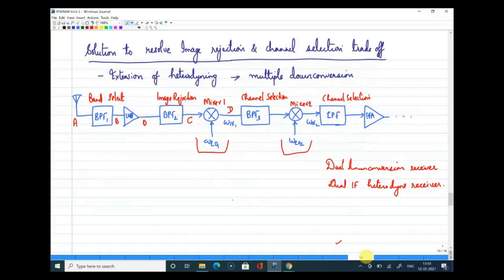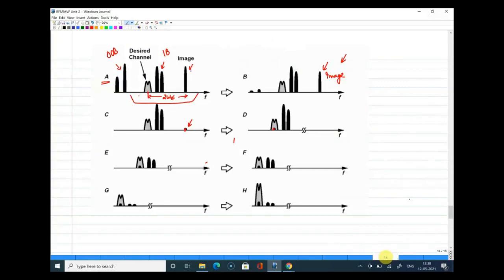Now after D, you have a channel select filter. So I'll just mark this point as E. So after channel selection, you can see that that is point number E, right? So here you can see the in-band interferers are large.